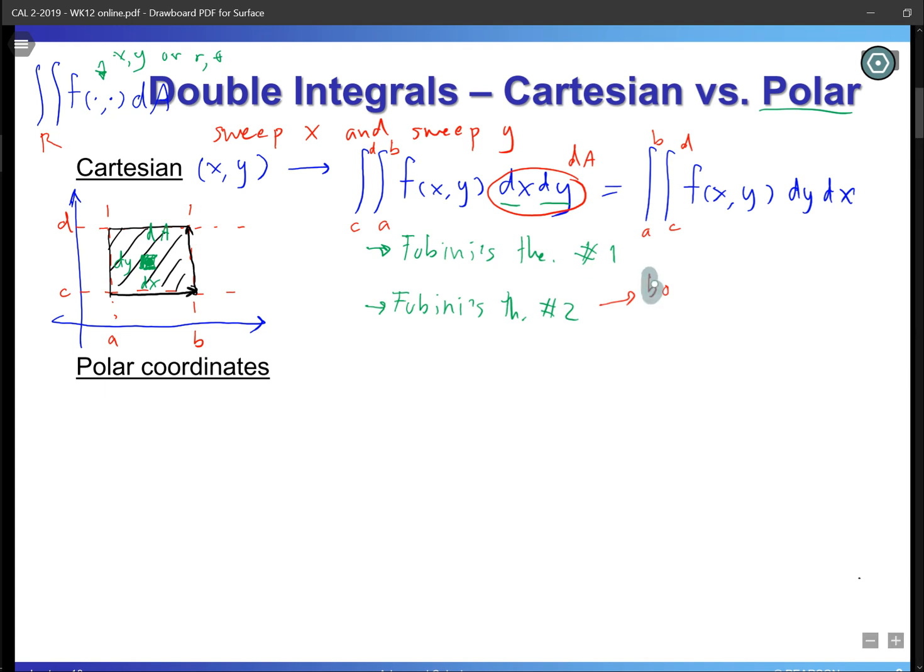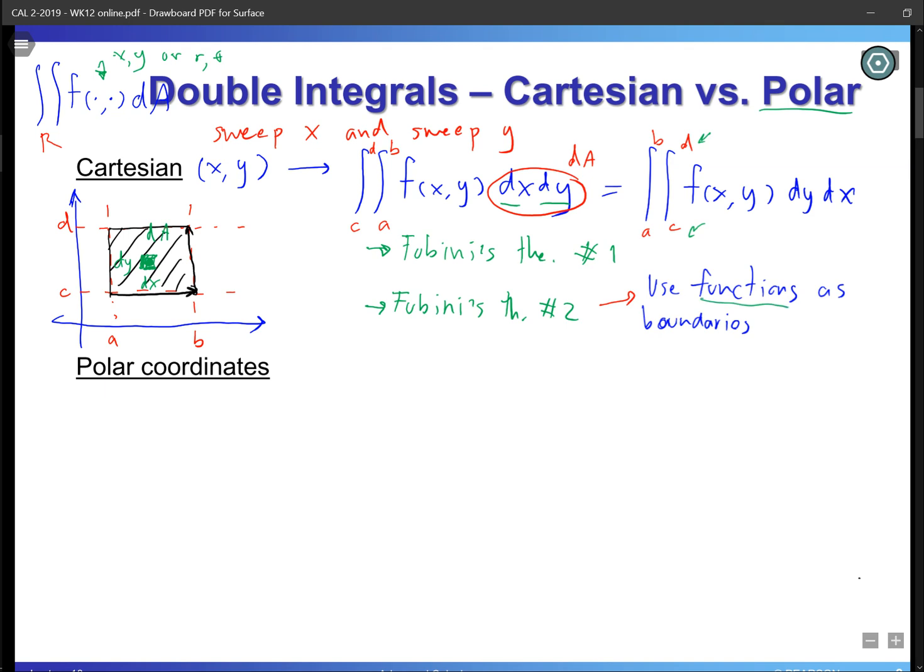So for theorem 2, we use functions as boundary instead of constants. Up here we use constants all the way through. C, D, A, B, everything is constant. But for Fubini's theorem number 2, we use functions instead.